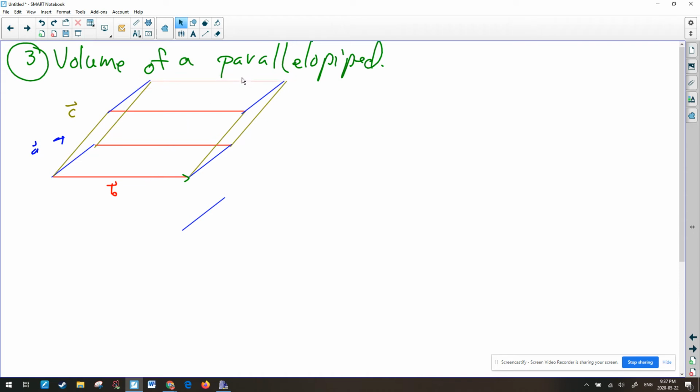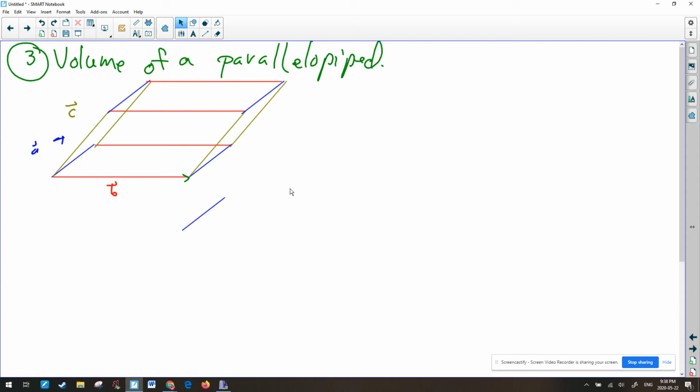And then what we actually have is a rectangular prism that has tipped. Okay, and so that is a parallelepiped. And what we want to know is how to find the volume of a parallelepiped.